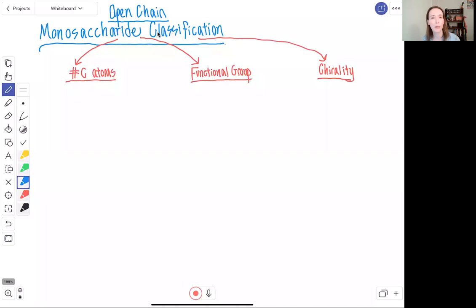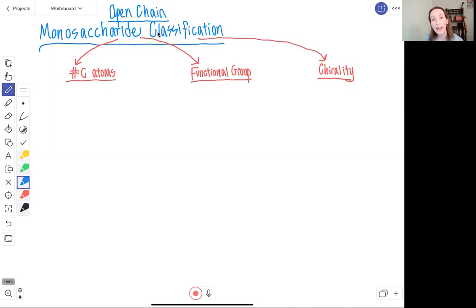As we start to think about how we can go about classifying monosaccharides, we can look at the whiteboard here, which I'm going to bring up, to start thinking about the three main ways that we will classify monosaccharides. And I should add here, when we're talking about monosaccharides, remember that there are two ways that those can appear.